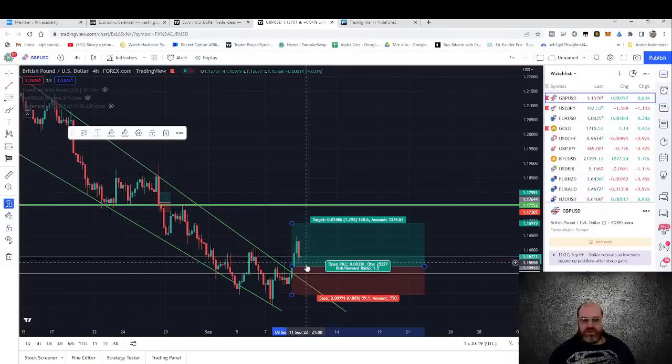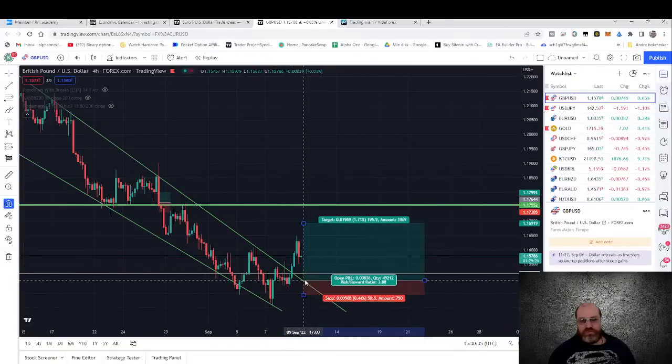Of course this one can come down to this region. If for some reason it comes down here and retests, then and only then I will open the trade. I will not open if it comes down to this region here. I will now be more patient and open only if it comes and retests, for example down here.